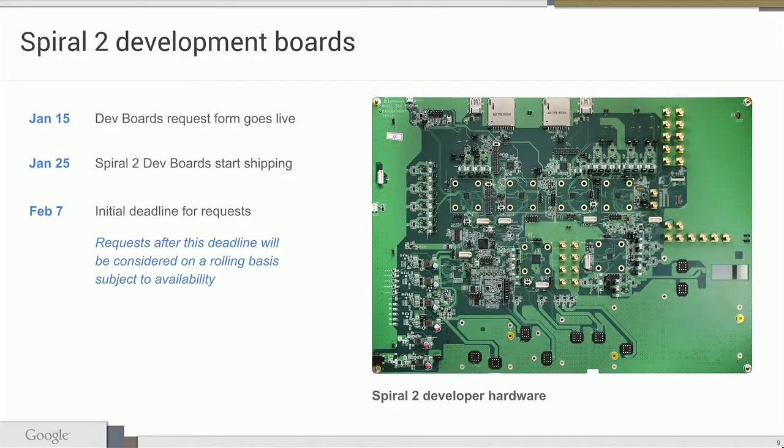Now I'd like to go over the process for getting development board kits. The application forms will go live on the website tomorrow, January 15th. You can go online and fill out your application. The development boards will start shipping toward the end of this month, and the early applicants will be able to get started building their sensors and testing them using the big dev board.